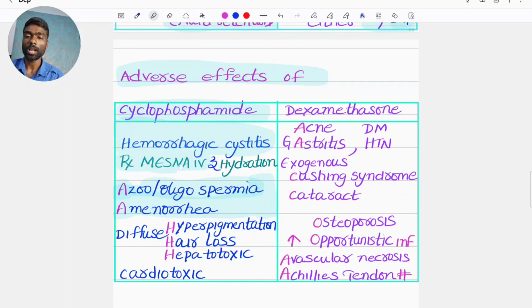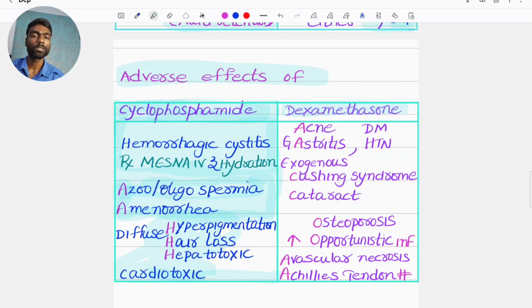IV mesna and hydration. We have to hydrate the patient well to clear the cyclophosphamide from the bladder and prevent further damage while giving the pulse. Also diffuse hyperpigmentation, hair loss, hepatotoxicity and cardiotoxicity.